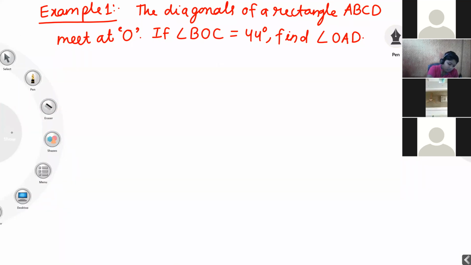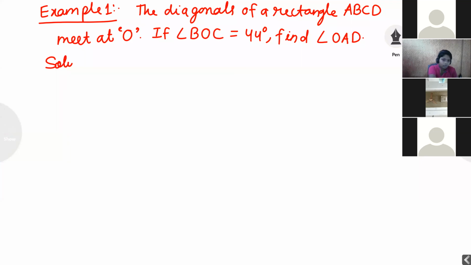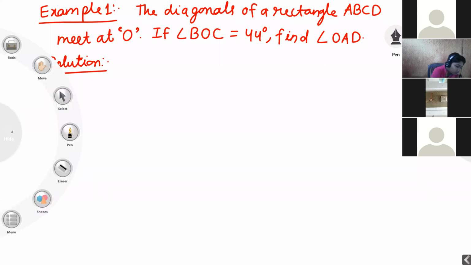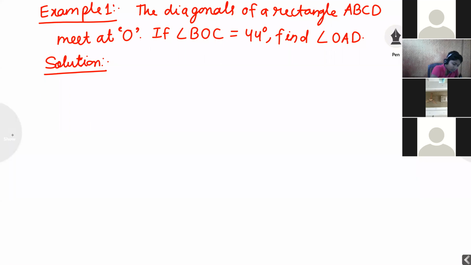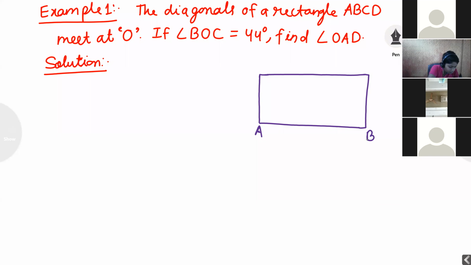Very interesting and very easy question. Draw this figure. In this question, he has given the diagonals of a rectangle, which means the figure is a rectangle.